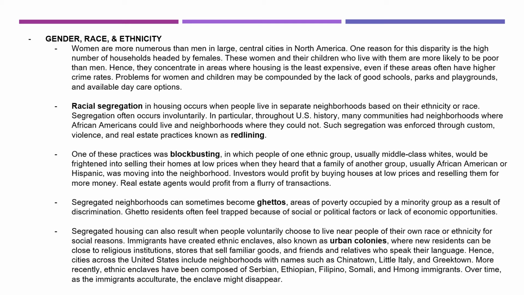Hence, cities across the US include neighborhoods with names such as Chinatown, Little Italy, and Greektown. More recently, ethnic enclaves have been composed of Serbian, Ethiopian, Filipino, Somali, and Hmong immigrants. Over time, as the immigrants acculturate, the enclave might disappear.